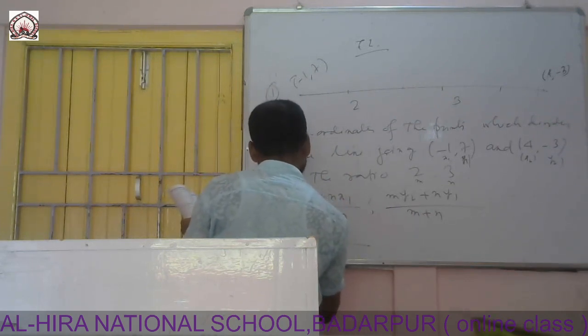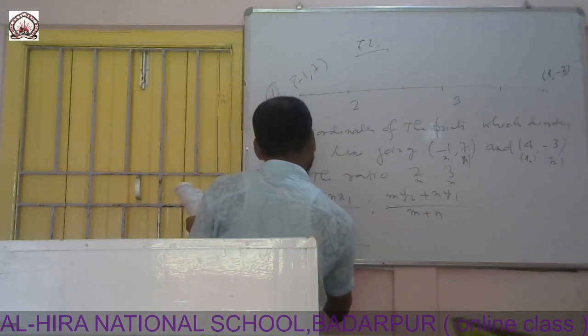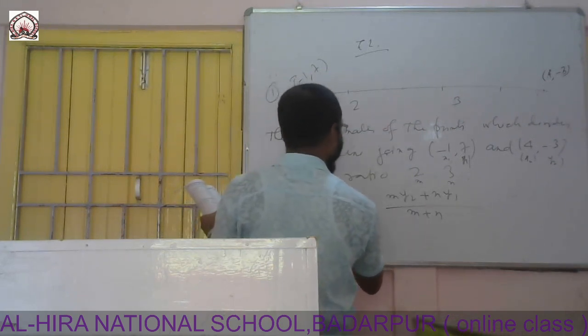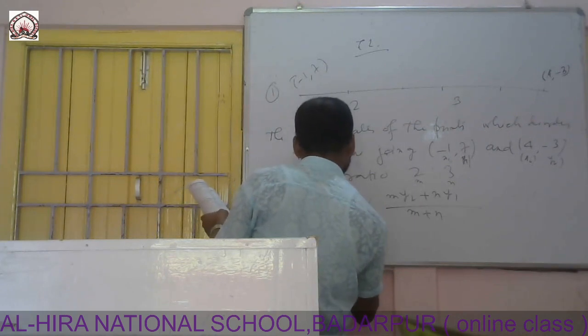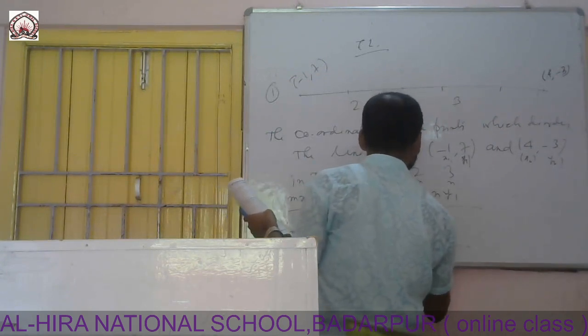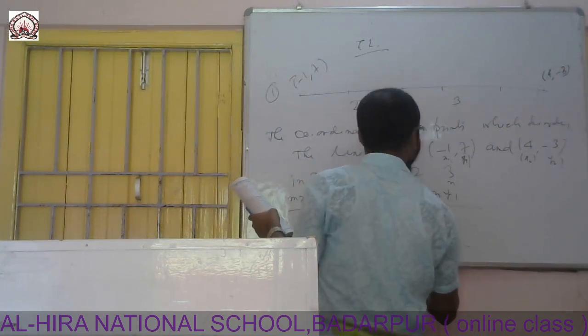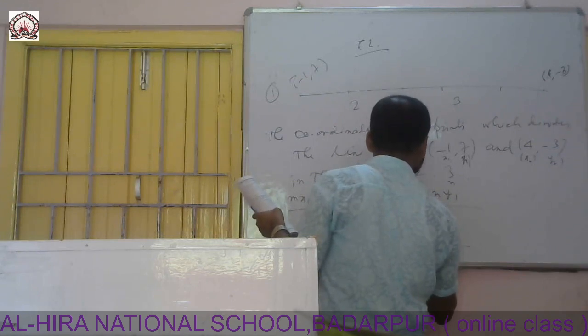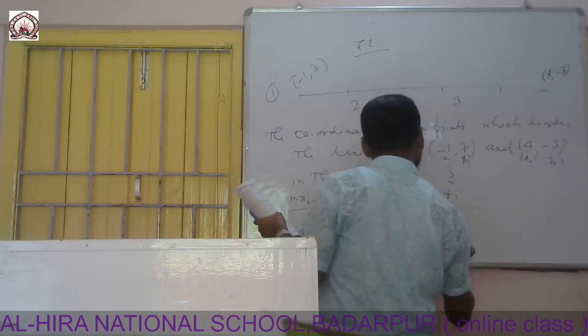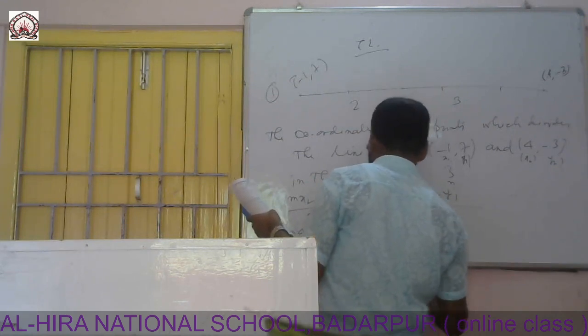So 2 into 4 plus 3 into x1, which is -1, by 2 plus 3. And 2 into y2, which is -3, plus n is 3, y1 is 7, by 2 plus 3.